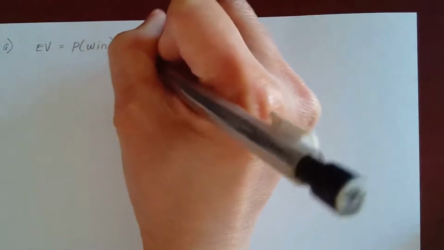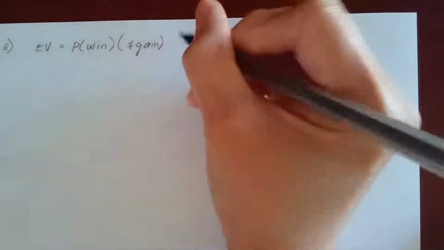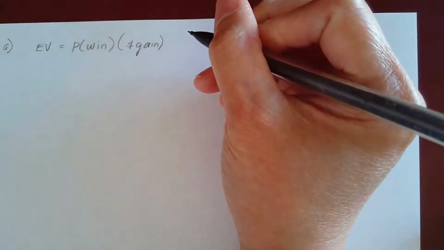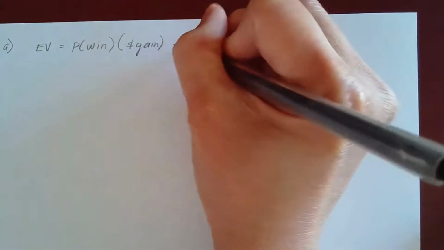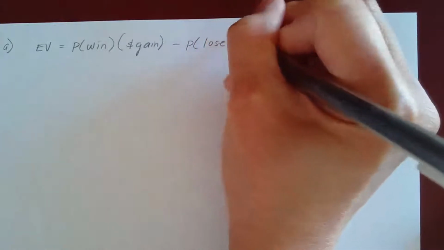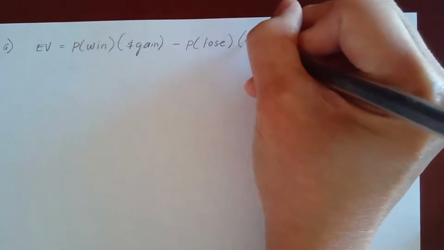EV is equal to probability that I'm gonna win times how much I'm gonna gain out of that profit altogether, minus probability of losing, and then how much money I'm gonna lose.